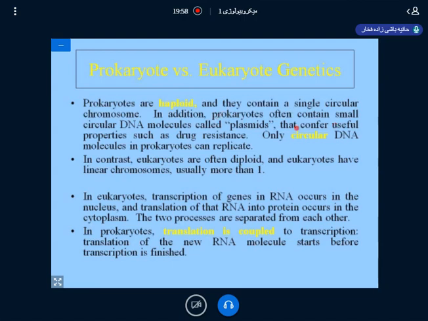Prokaryotes are circular. They have circular DNA. But eukaryotes have linear strand DNA. And another, prokaryote are N, but eukaryote are 2N, means haploid and diploid.